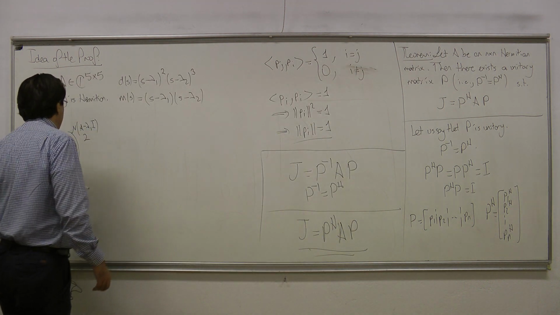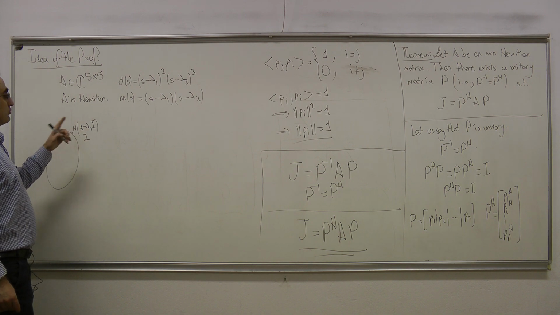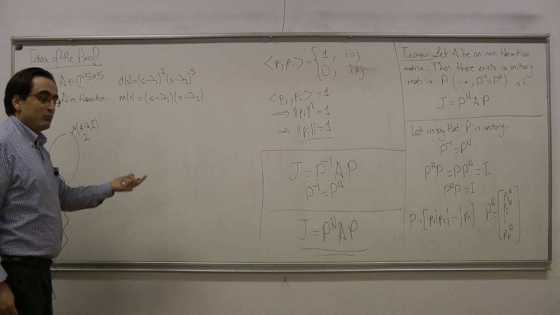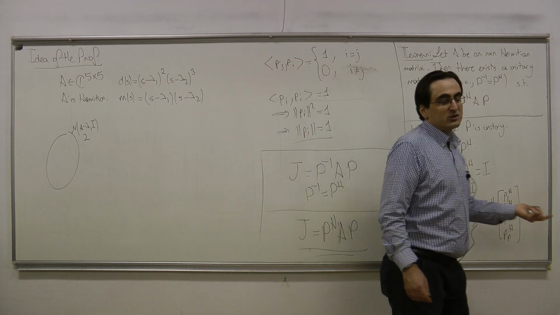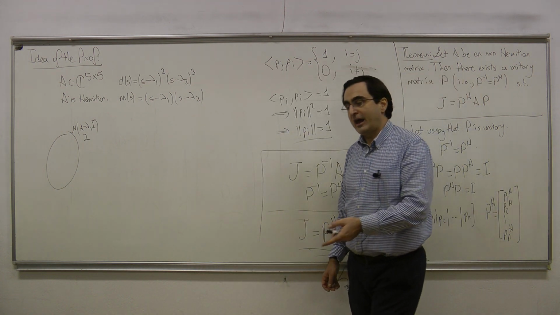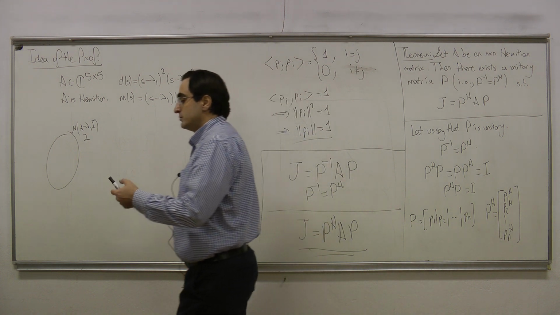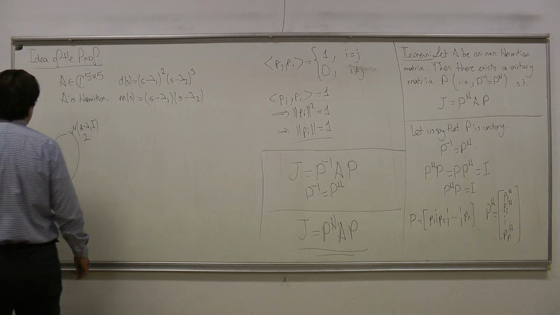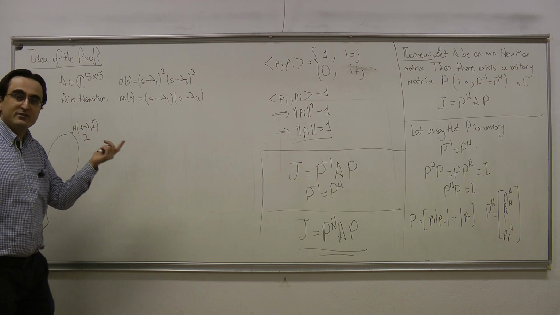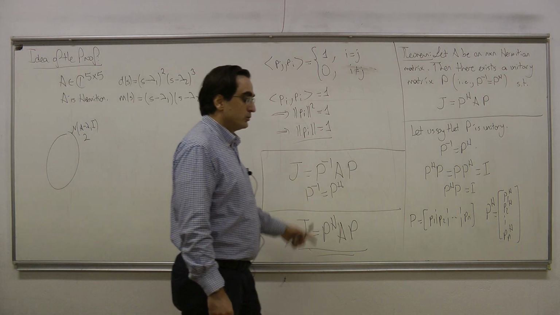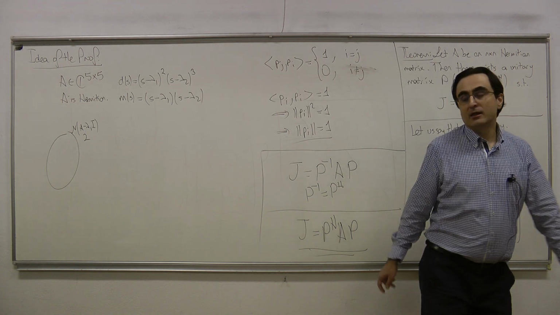So that means that I have, in this case, 2 Jordan blocks with size 1. Then what about our chains? I know that the number of Jordan blocks would be equal to the number of chains, and the sizes of the Jordan blocks would be equal to the sizes of the chains. So in this case, I am expecting 2 chains with sizes all equal to 1.